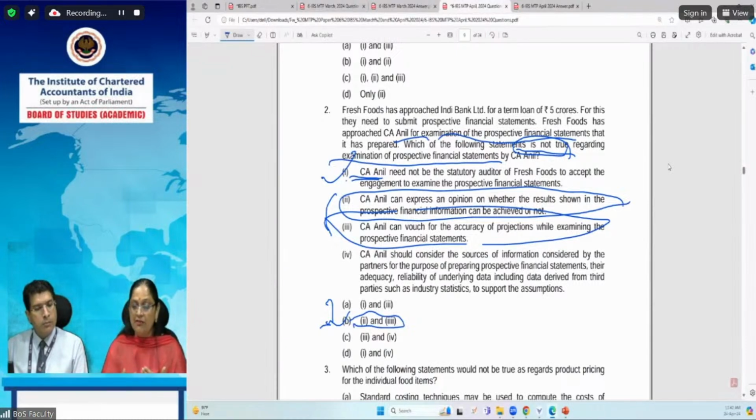And if we have derived the data from a third party, then also we need to check whether the assumptions are correct. So definitely the fourth one is true, the first one is true, but the second and third are not true with respect to examination of prospective financial statement. So the correct answer will be option B, that is second and third.